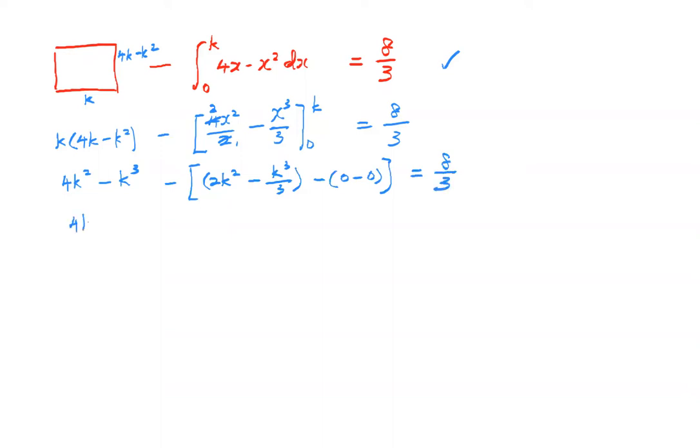4k squared minus k cubed minus 2k squared. Here minus and minus become plus, equal to 8/3. So if you want to settle this, you can use your scientific calculator.